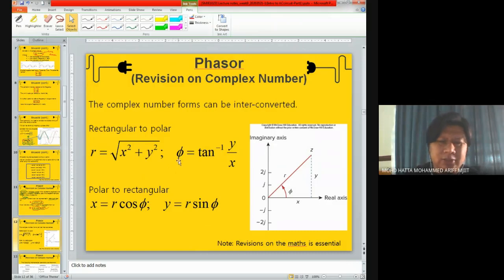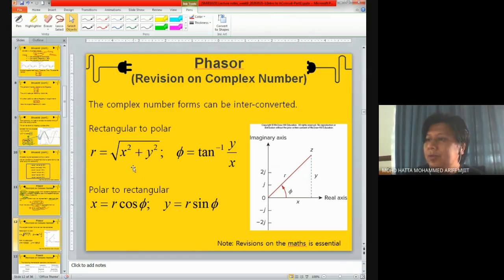This is a revision of complex numbers, but you can also find it in other sources like YouTube, or in mathematics books. What does a complex number mean, and how do we interconvert it? How do we convert from rectangular form to polar form and from polar form to rectangular form? This is what we have if you calculate it manually.